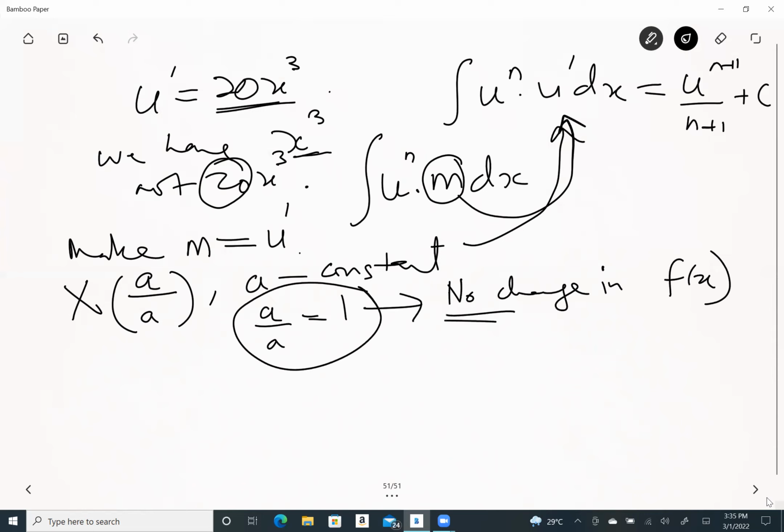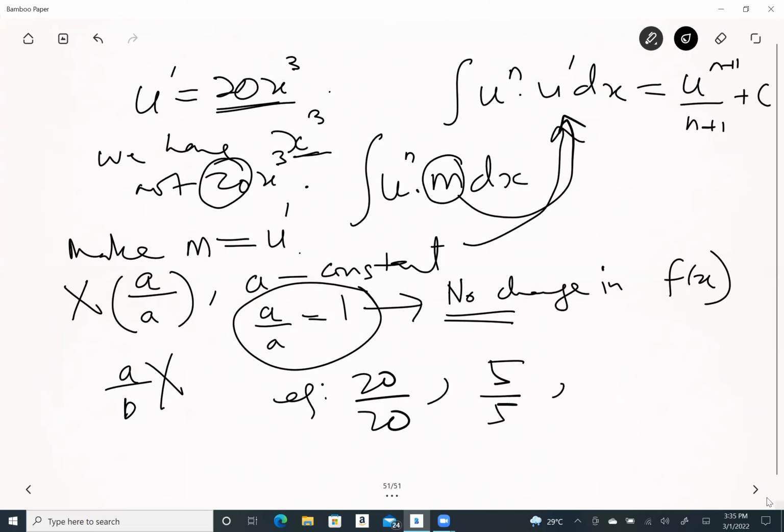So you must maintain that. You cannot multiply by, say, a over b. You can only multiply by a ratio of the same constant. In this case, we are short by 20, so you multiply by 20 over 20. Or if you need u prime, you multiply by, say, 5 over 5.